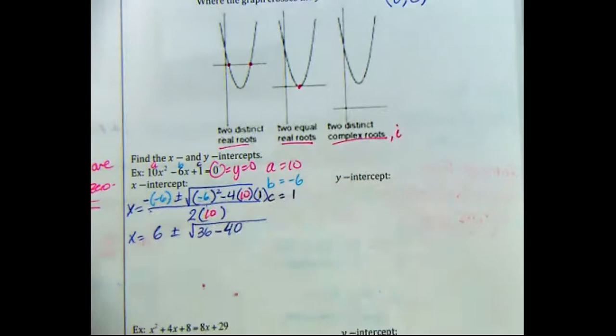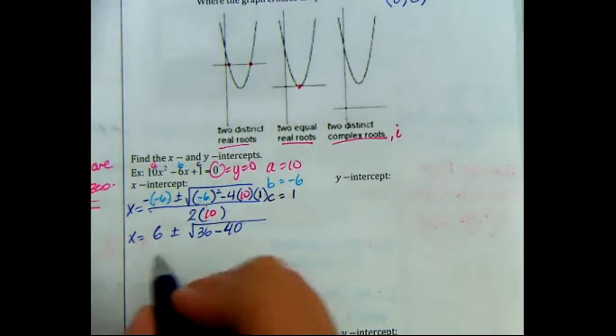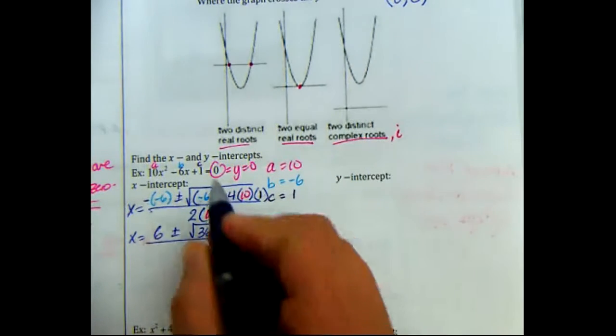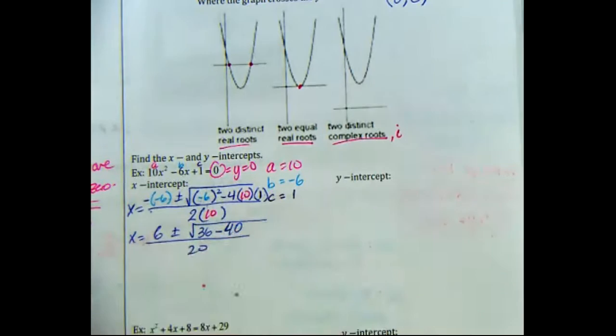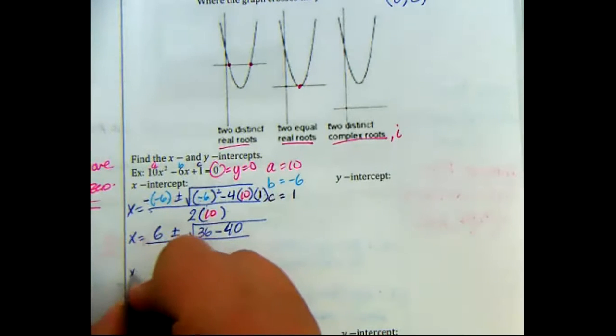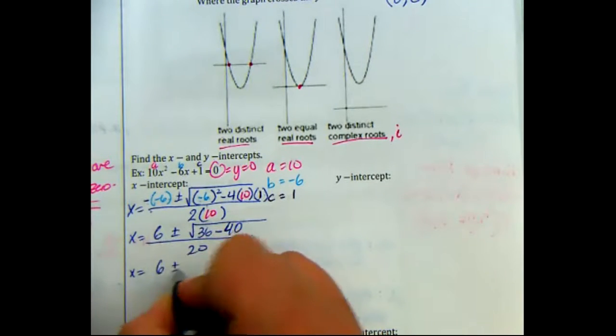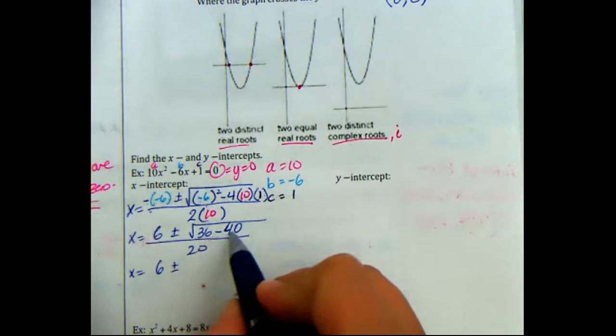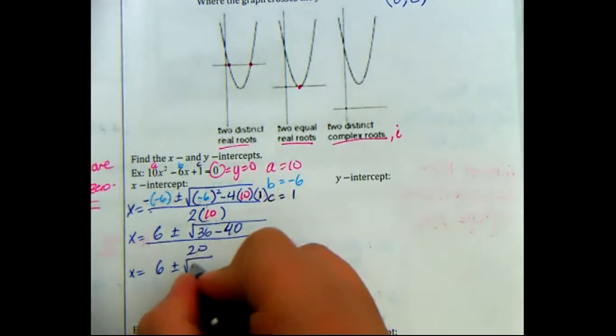All over 20. And then I continue simplifying. So 6 plus or minus the square root of 36 minus 40, which is negative 4.